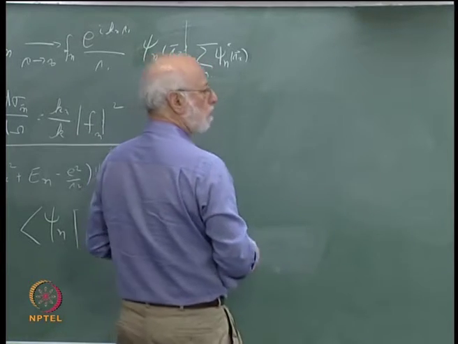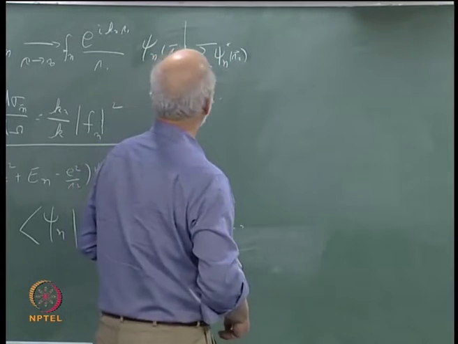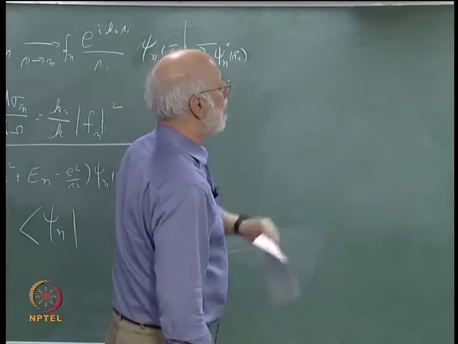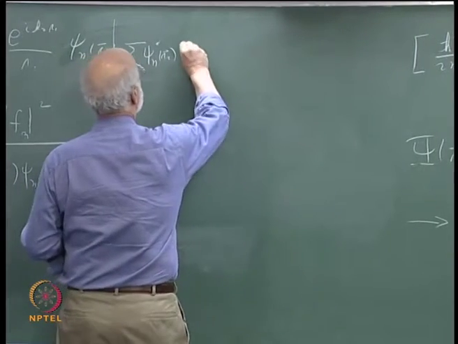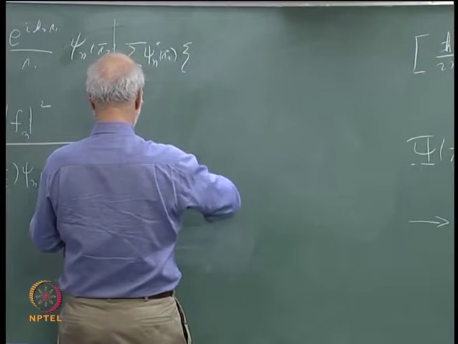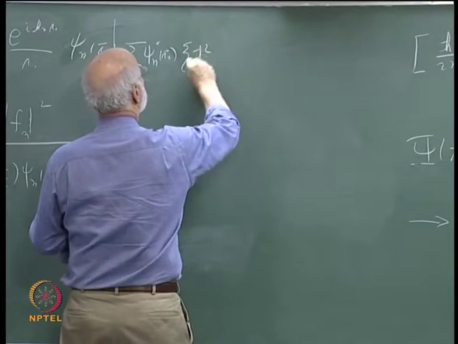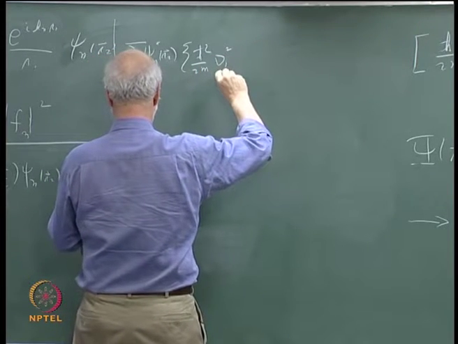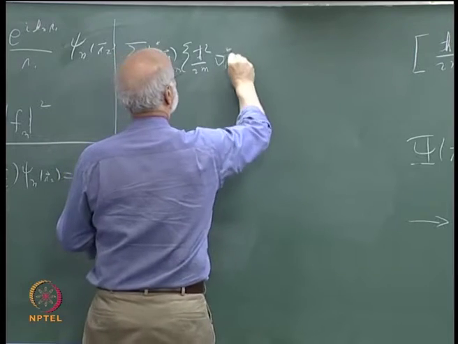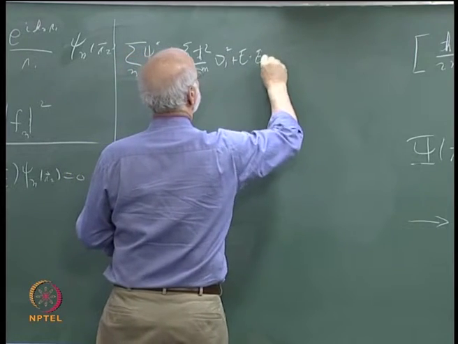I'm just now plugging that in and multiplying times h bar squared over 2m del 1 squared plus e minus En.